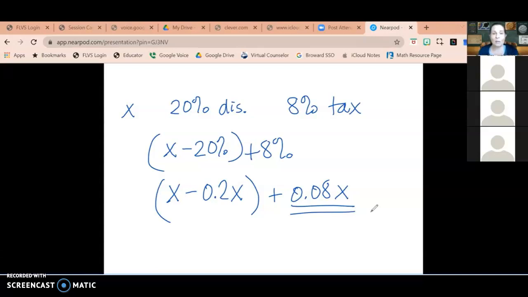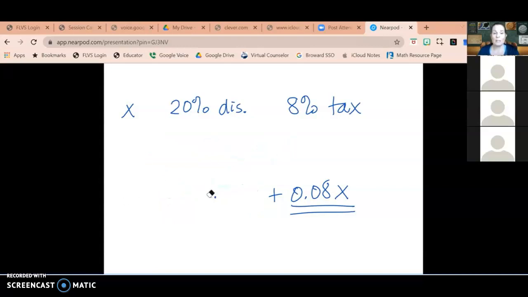So instead, I want to show you a way to make it simple. Instead of finding the amount of discount and then subtracting it, or finding the amount of tax and then adding it, let's just do it with the percents from the beginning, right?